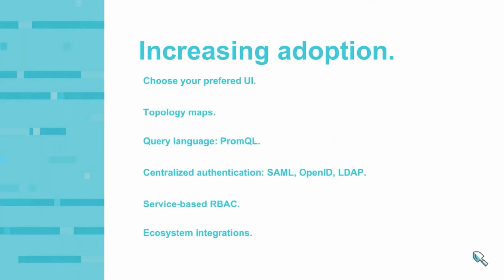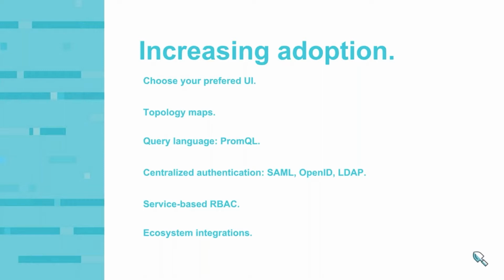Let people choose what kind of UI they want to use to look at their monitoring data. Provide topology maps that allow you to explore your microservices applications, but also provide an interface which is very deep, very technical for those techies who want to look at all the metrics, for example, using PromQL.